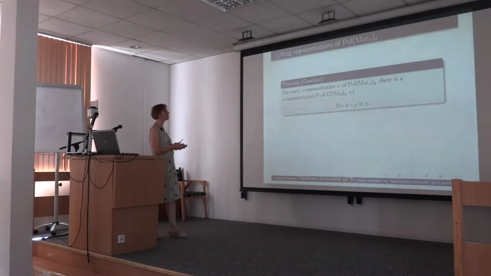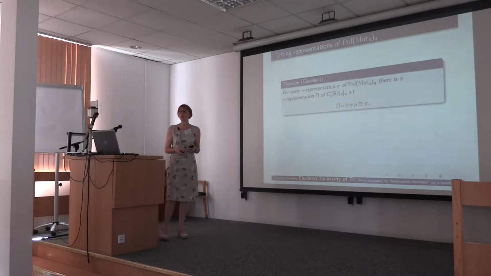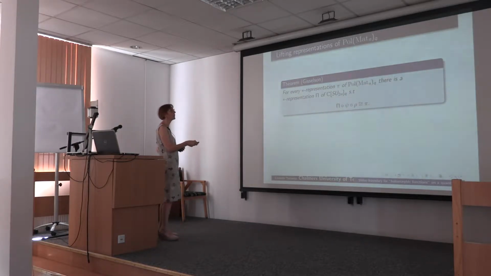So there exists a star representation of this quantum group such that P is unitarily equivalent to this composition. And we have a nice classification of all irreducible representations of this algebra by a conjugated algebra.